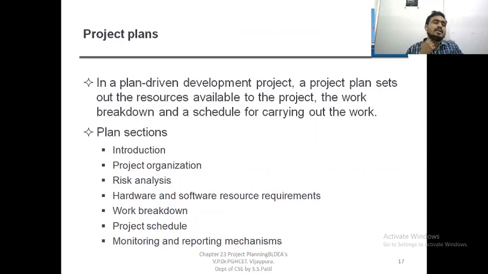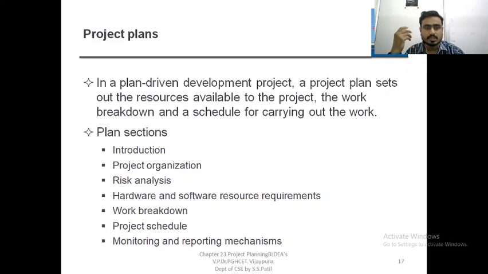Next comes the project plan in a plan driven development project. A project plan sets out the resources available to the project, the work breakdown and the schedule for carrying out the work. Plan sections: introduction, project organization, risk analysis, hardware and software resource requirements, work breakdown, project schedule, monitoring and reporting mechanisms.